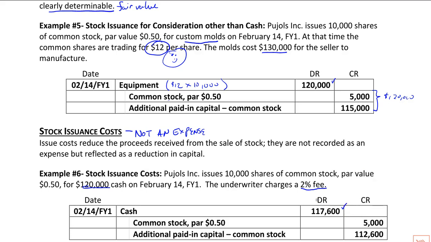We send the 2% off to the investment bank, and what happens is our contributed capital is only 117,600. So stock issuance costs only result in a reduction of stockholders' equity, but not an expense.